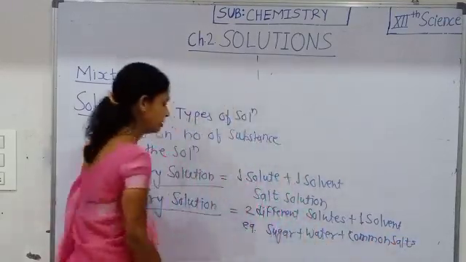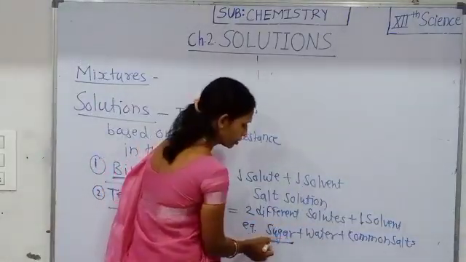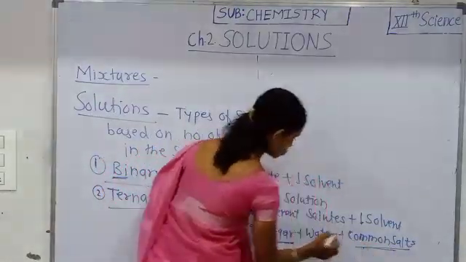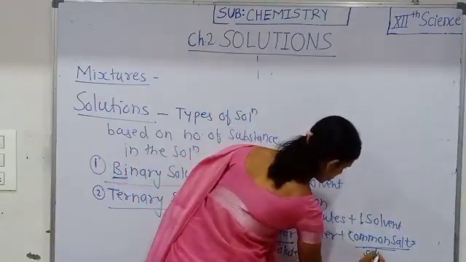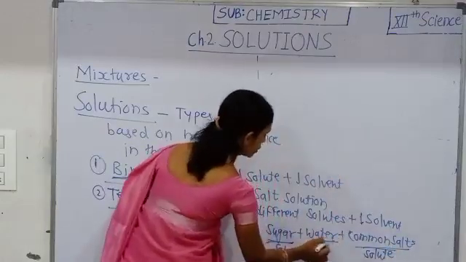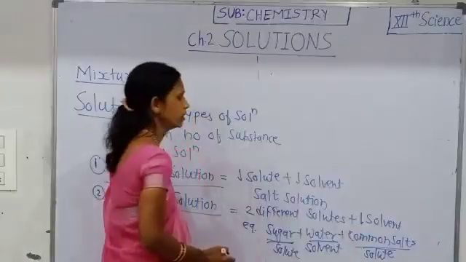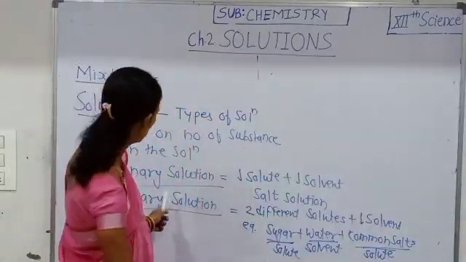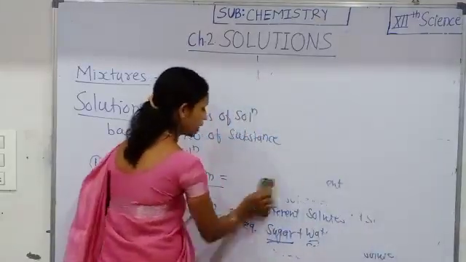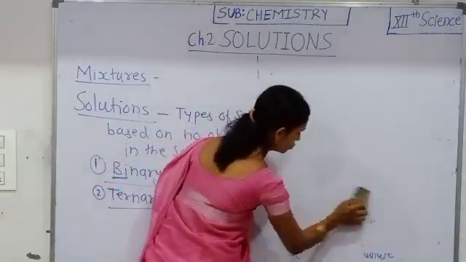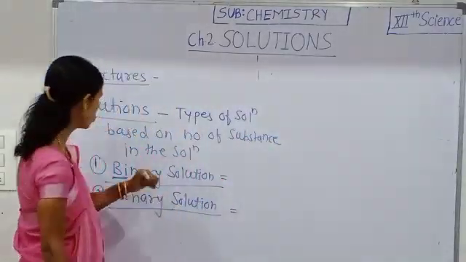That is an example of a ternary solution in which sugar and common salt are the solutes, whereas water is the solvent. Those are the two different solutes dissolved in only one type of solvent, water.